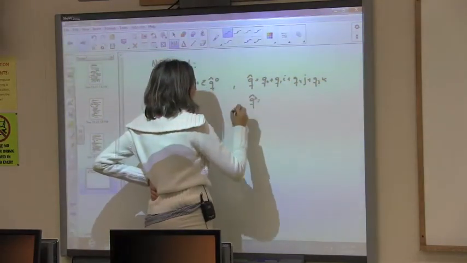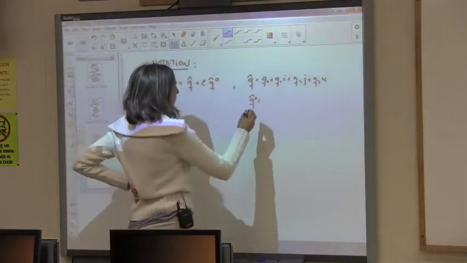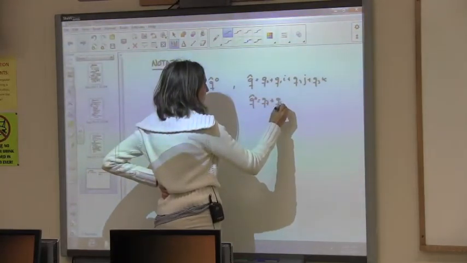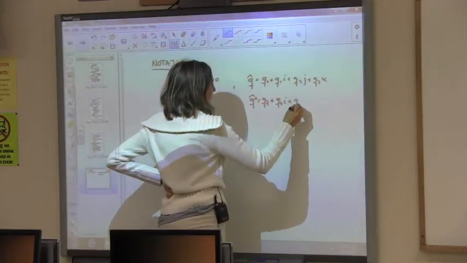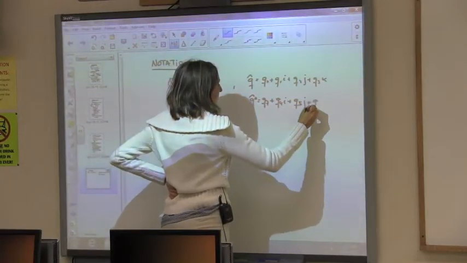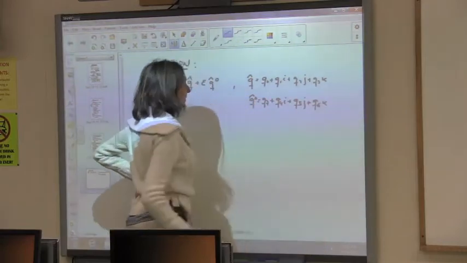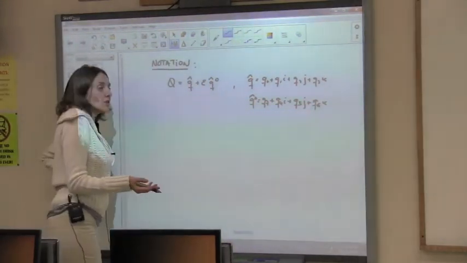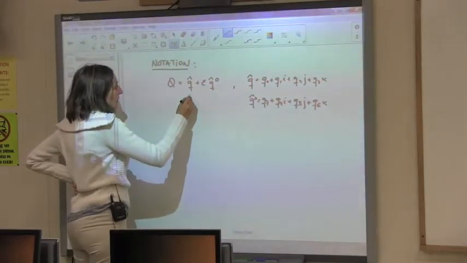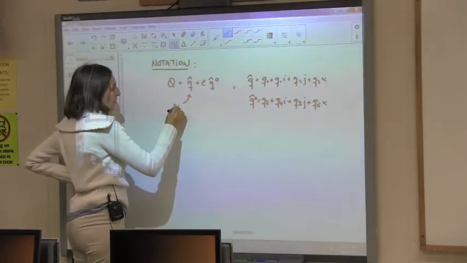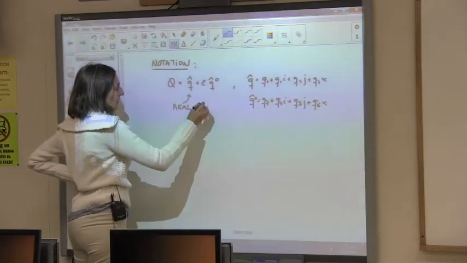Q0 will be equal to Q7 plus Q4i plus Q5j plus Q6k. When we use this notation, we call this the real part and this the dual part, similar to what we did with the lines.